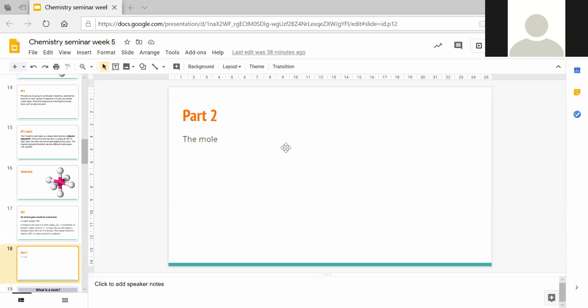This is building up to stoichiometry and sort of chopping and changing between units and numbers. It's something that a lot of people struggle with, so I hope that I can make it a little bit simple for you.